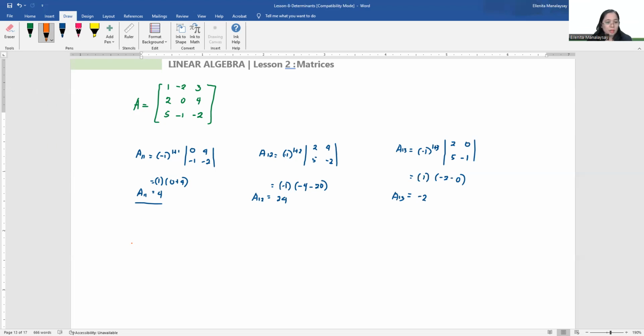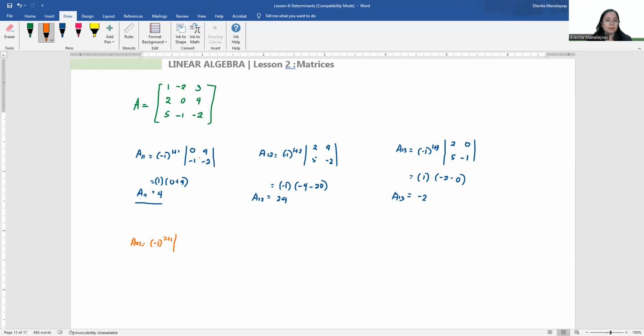Let's get the cofactors of the entries in the second row. Let's get A21. A21 is equal to -1 raised to 2 plus 1 times the determinant of the matrix formed when we delete the second row and the first column.